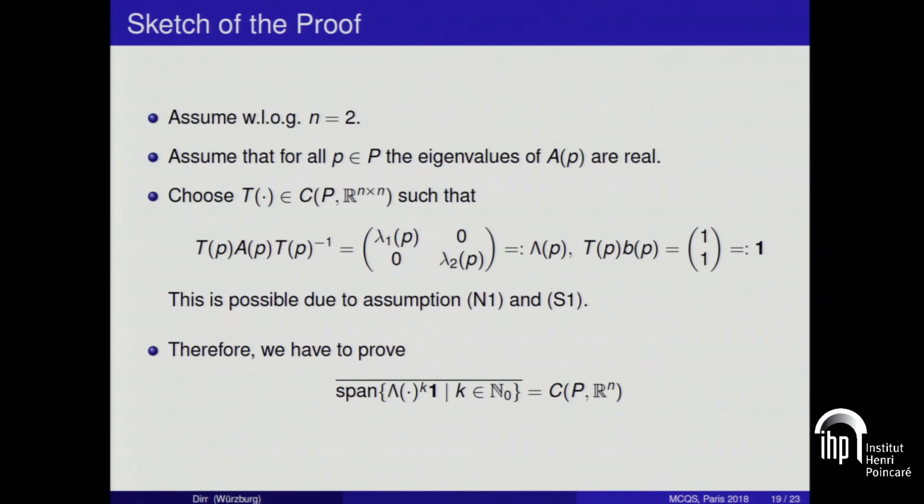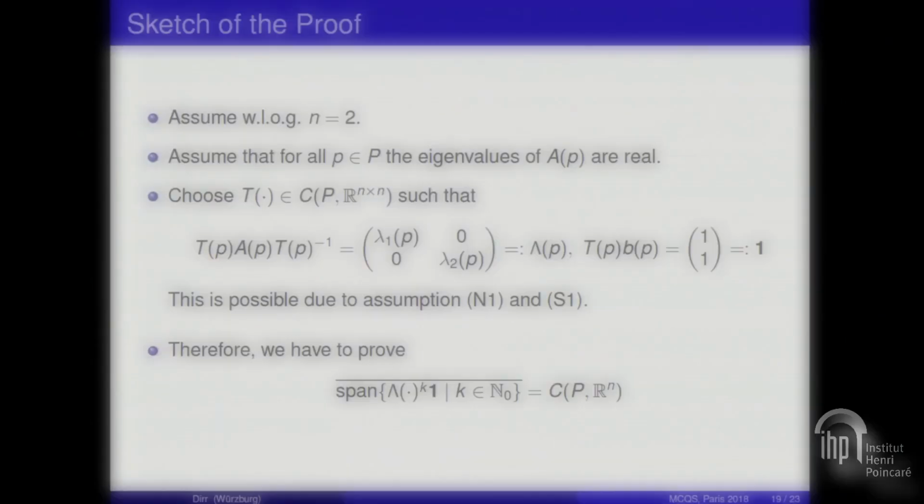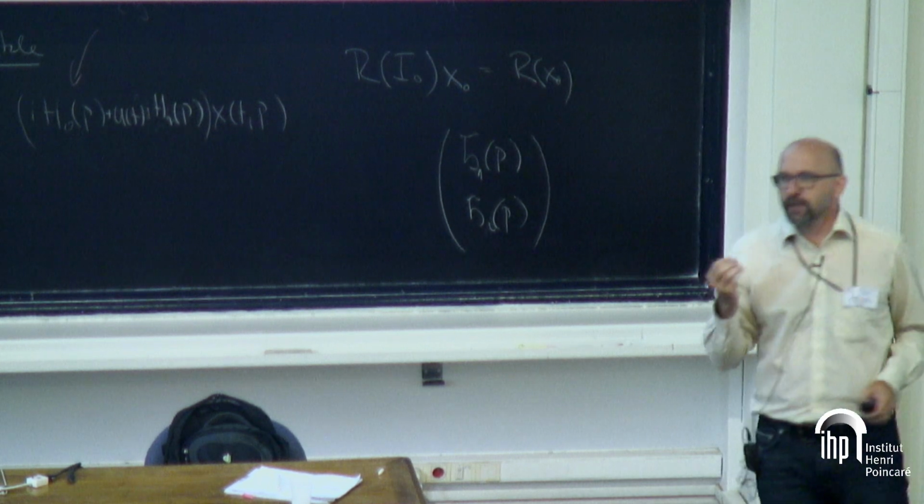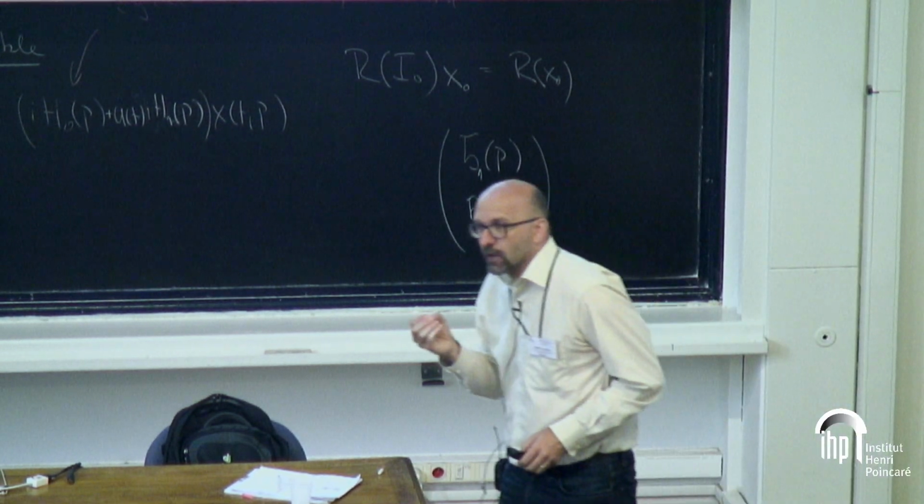And you can also achieve this normalization. Usually, if you choose any of the possible transformations, you would not end up with this normalization. You would end up with a vector of this form, b tilde 1 of p and b tilde 2 of p. But then remember that you require that the individual subsystems are controllable.